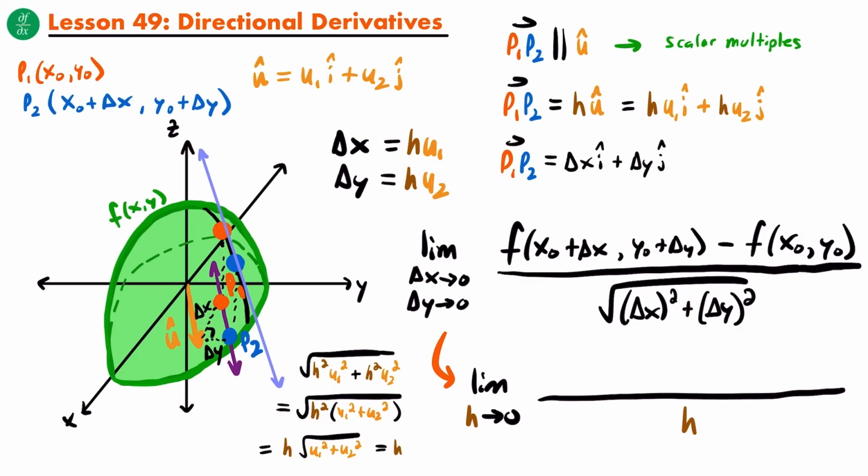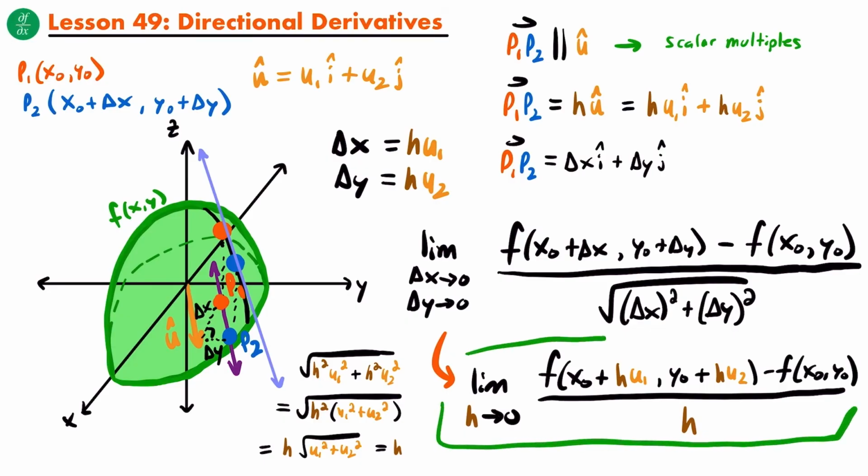So altogether, we have f of x sub 0 plus delta x, which is h times u1, and then y sub 0 plus delta y, which is h times u2, and then we subtract f of x sub 0, y sub 0. And that right there is the result that we've been looking for.